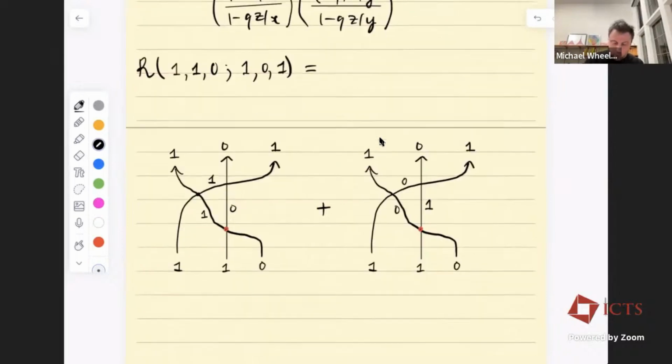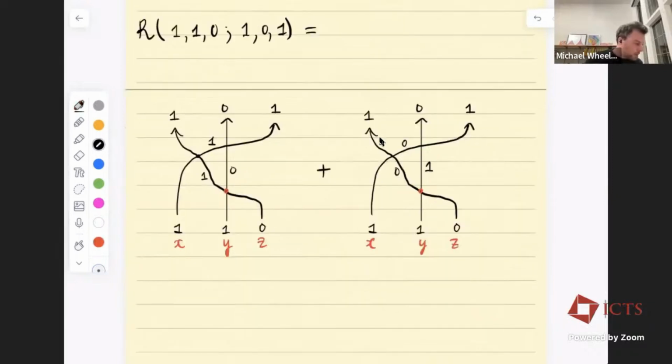So now we've got to work out the weight of those two pictures using the same recipe as before. And if you go ahead and do it, you get the following. In my notes, I've actually done it the other way around.